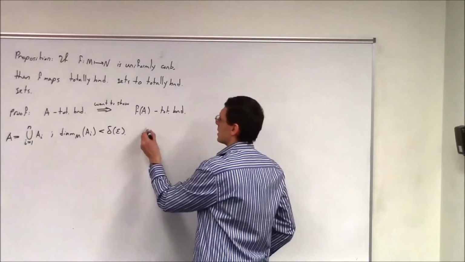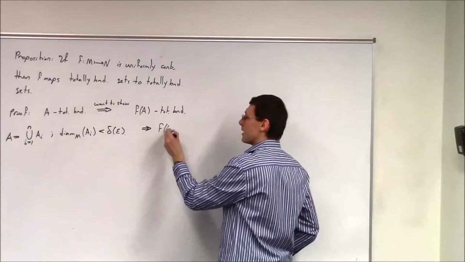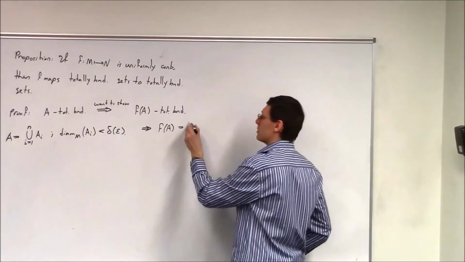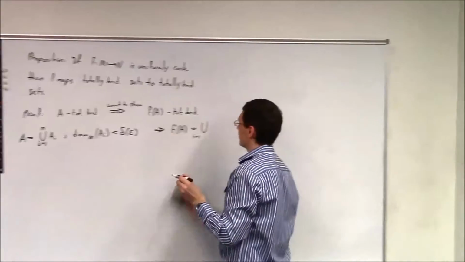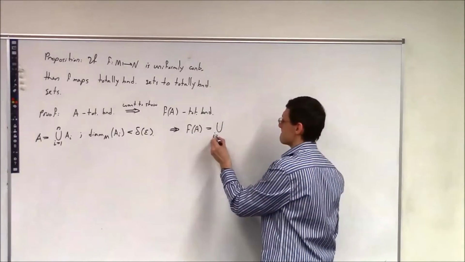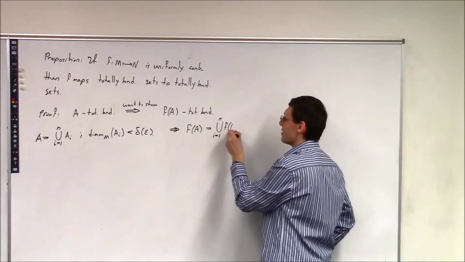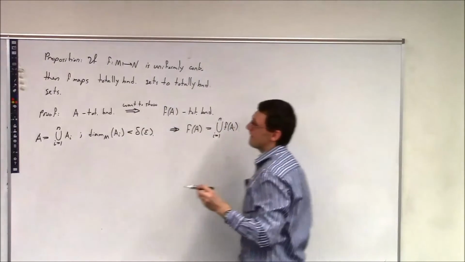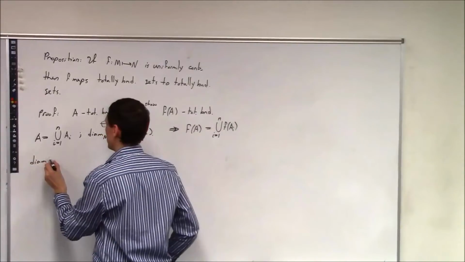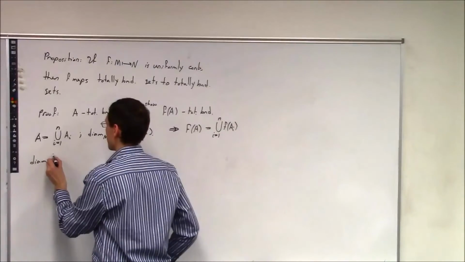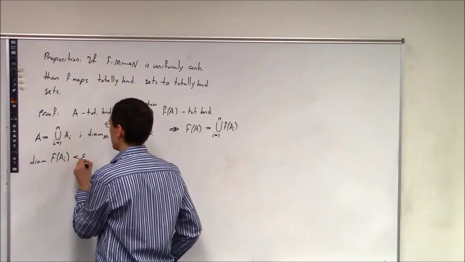Right. So the implication is that f of A is just equal to the union from i equal 1 to n of f of A sub i, and the diameter in f of A sub i is smaller than epsilon.